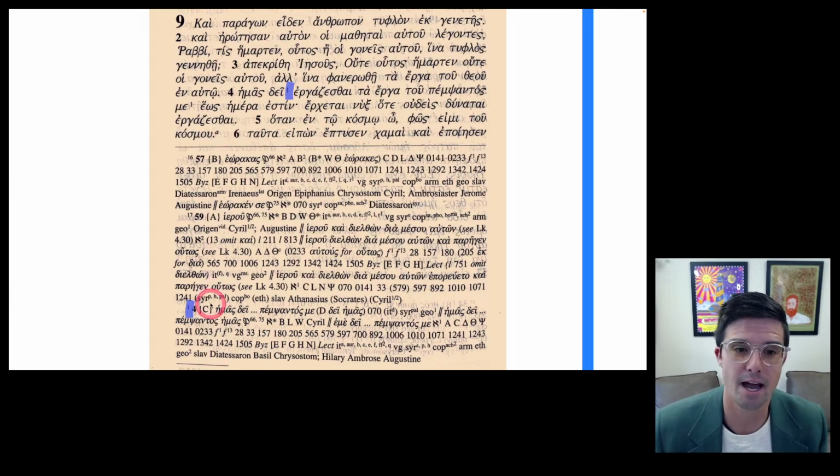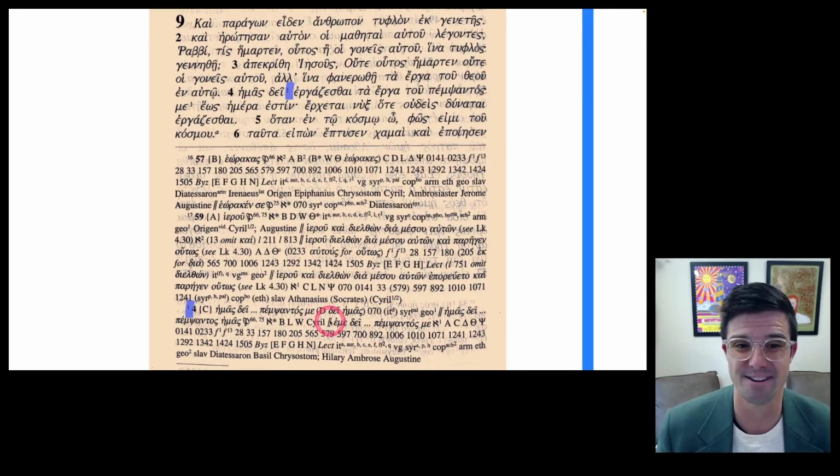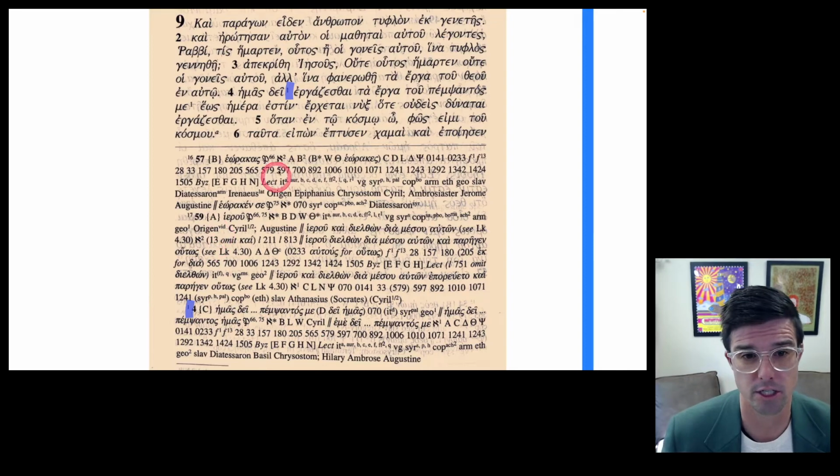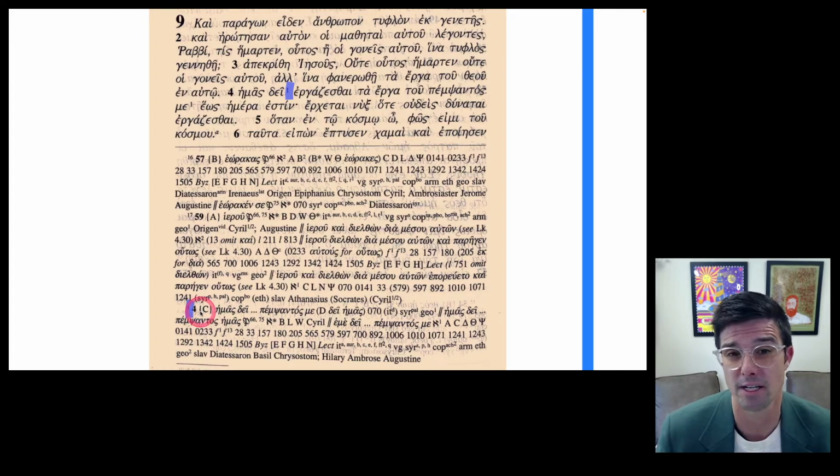If it's a C or a D, they are less confident about what they printed up in the body, and they see some other pretty good options with respect to the different readings that are represented in different manuscripts. So all this to say, in the UBS non-reader's edition, you get a whole lot more information, and you also get a hint about what the committee makes of the different variant readings.